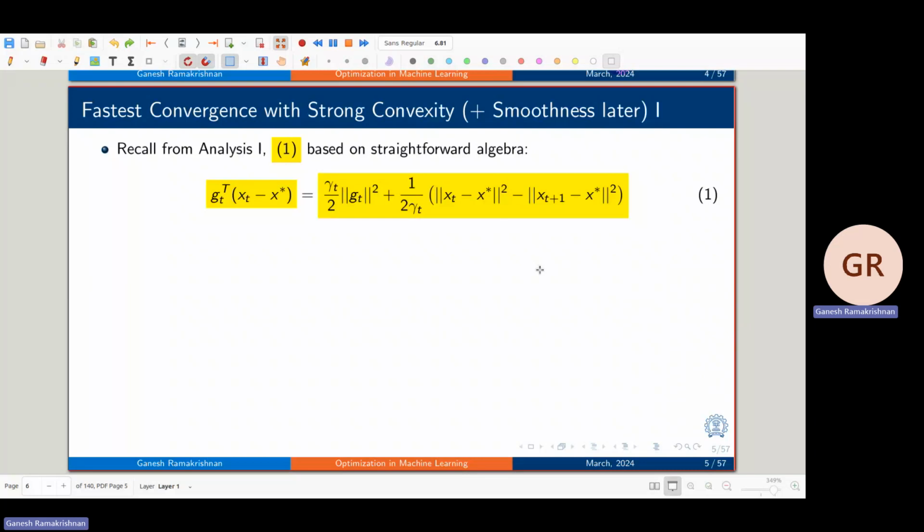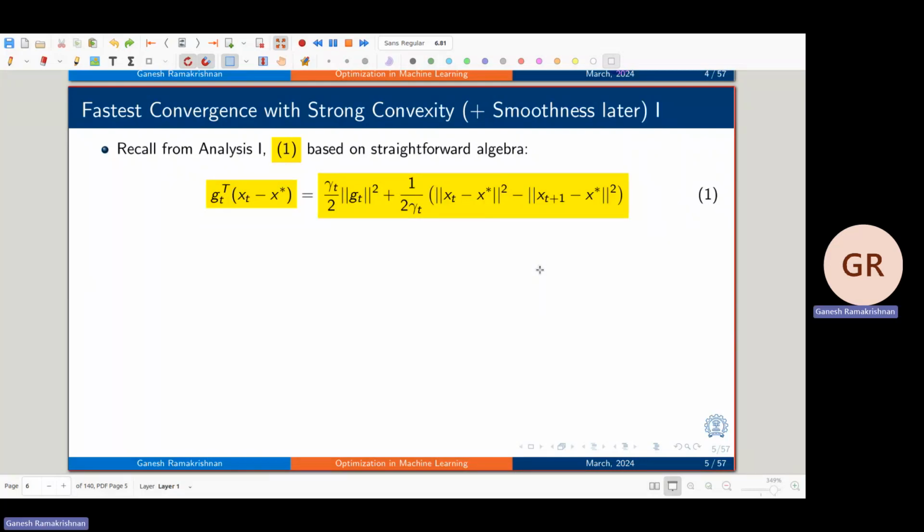And since you now have familiarity through your midsems with the entire convergence rate, I'm not going to write too much on the board. You have a question? Okay, so recall from analysis 1. You all have your notes, right? Open your notes.